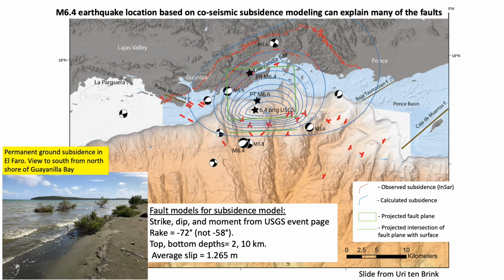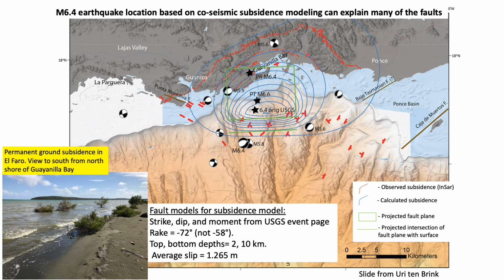And then he compared that to a fault model that he made with a uniform slip on a rectangular fault at depth using the strike and dip from the USGS moment tensor. He had to make an adjustment to the rake direction to get it to fit the data, but he got a very nice fit to the contour lines.